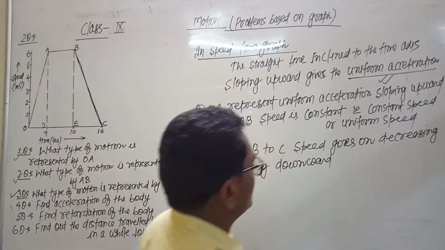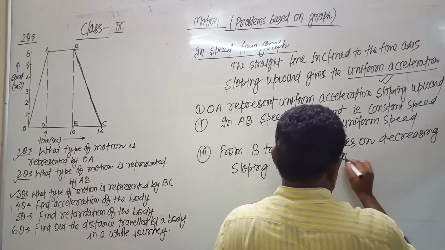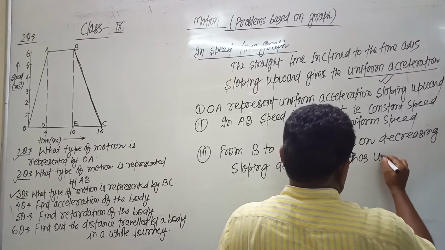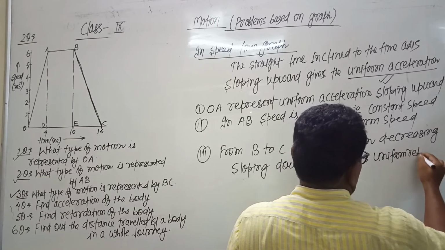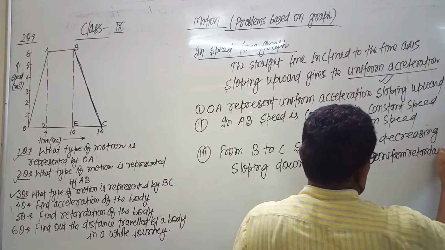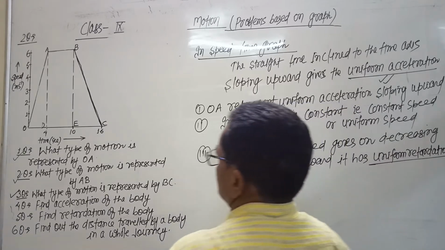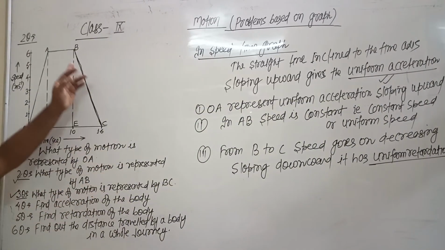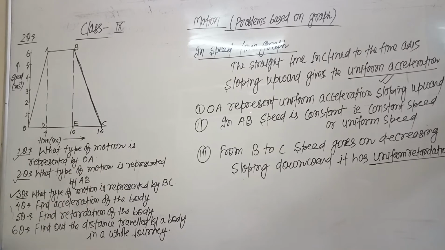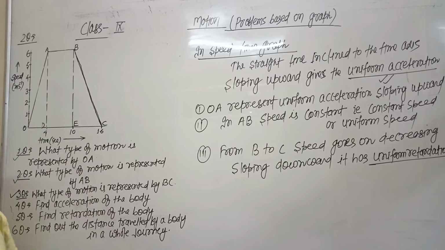Therefore, it has uniform retardation. From B to C, the graph is a straight line sloping downward. Why sloping downward? Because the speed goes on decreasing.